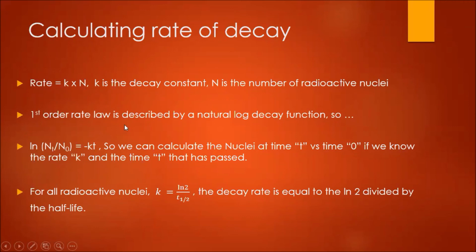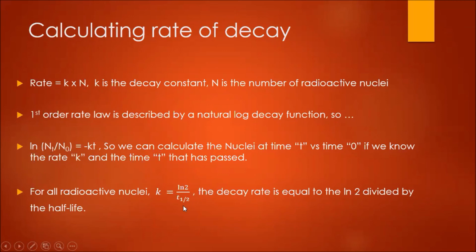We're going to then integrate the rate law to say the natural log of the nuclei at time t over the nuclei at time 0 equals negative k times the time. So you could calculate how much time has passed by looking at the nuclei we have versus the nuclei we started with. And of course, for all radioactive nuclei, k is equal to ln2 over t1/2.